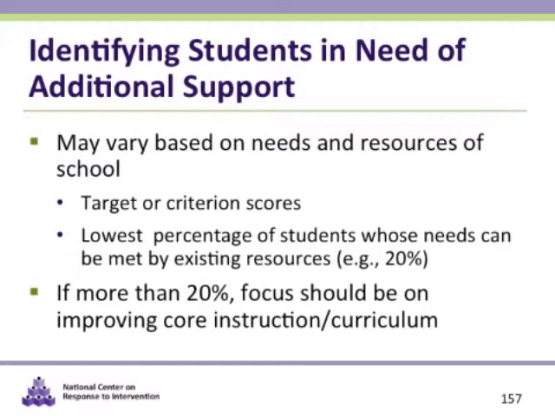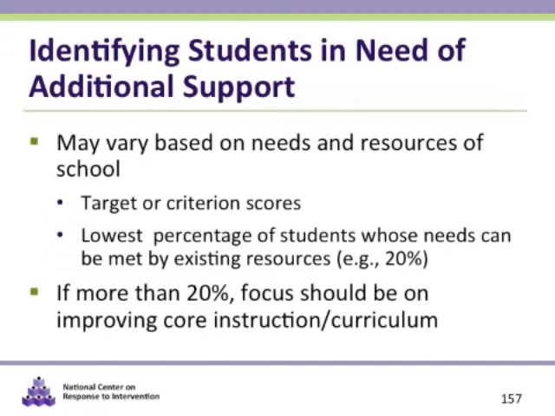Identifying students in need of additional support is not always as simple as providing interventions for students who are well below or well above the cut score. It may vary based on needs and resources of the school and on the target and criterion scores chosen. There may be students who fall below the cut score that cannot be served by existing resources.